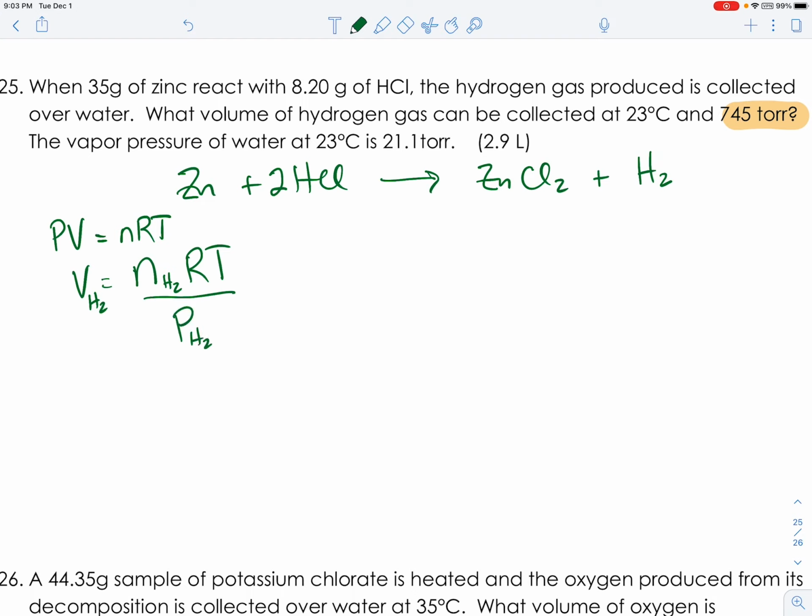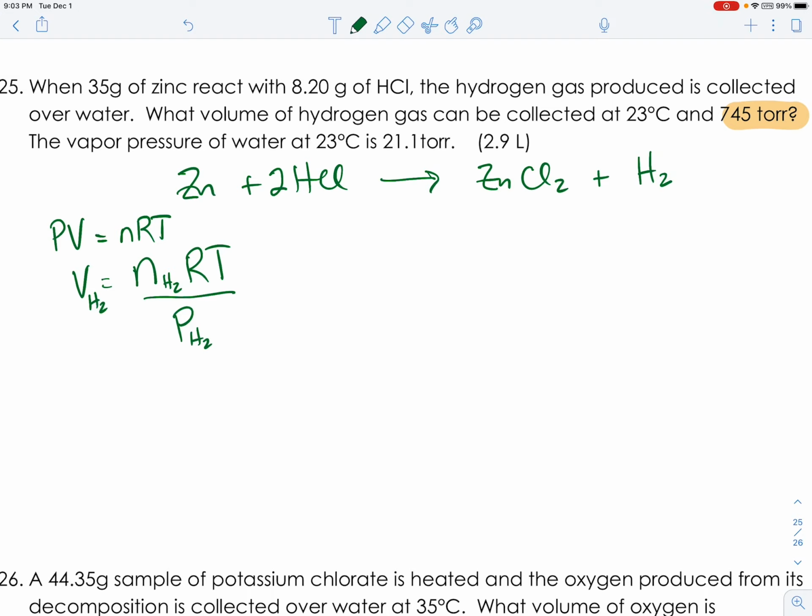You don't need to put those subscripts, but it's kind of helpful so you don't confuse moles of what and pressure of what. It's the moles of hydrogen, pressure of hydrogen, temperature of hydrogen also, so that we get the volume of the hydrogen. Now, looking at the question, what do we know for the ideal gas law? Well, we know the temperature and we know R, but we don't know the moles of hydrogen and we don't know the pressure of hydrogen.